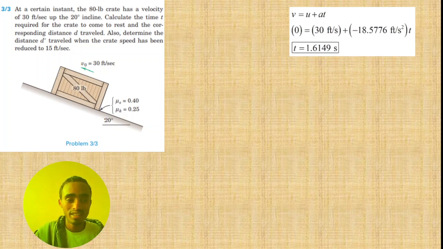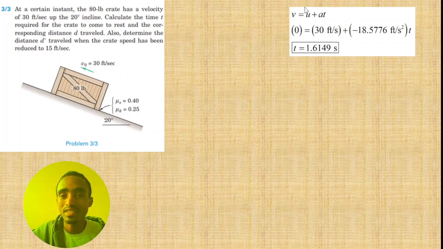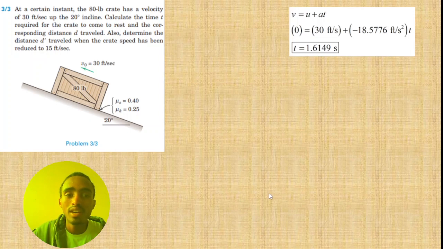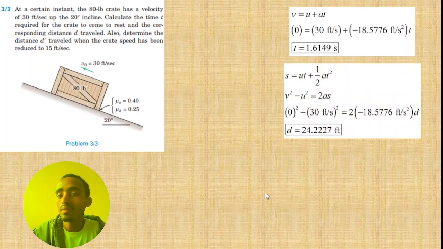From it we can rearrange this equation and get v final equals v initial plus at, where our v final is 0 because the crate comes to rest at the final state. We can substitute the given values and we get the time t, which is 1.6149 seconds. So the time required for the crate to come to rest is 1.6419 seconds, and we can calculate the distance after this by using the equations of uniformly accelerated motion.